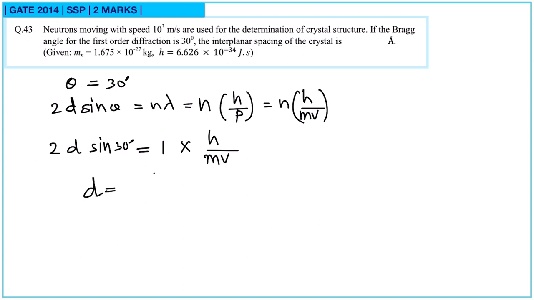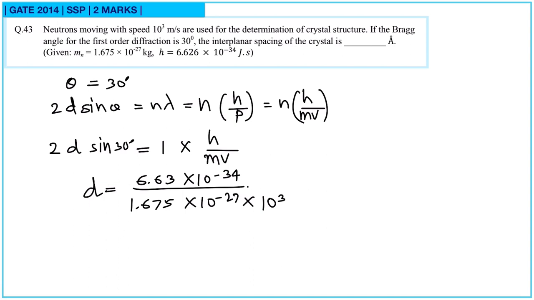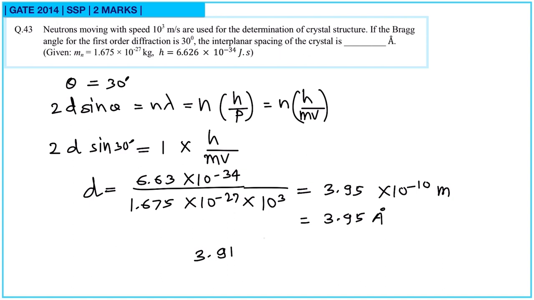So d is equal to this. Now h is equal to 6.63 into 10 raised to minus 34 upon m, 1.675 into 10 to the power minus 27, into 10 to the power 3. And this comes out to be 3.95 into 10 raised to minus 10 meter. So that will be 3.95 angstrom. So this is the answer, and the range for this question is 3.31 to 4.15, and we are getting 3.95.